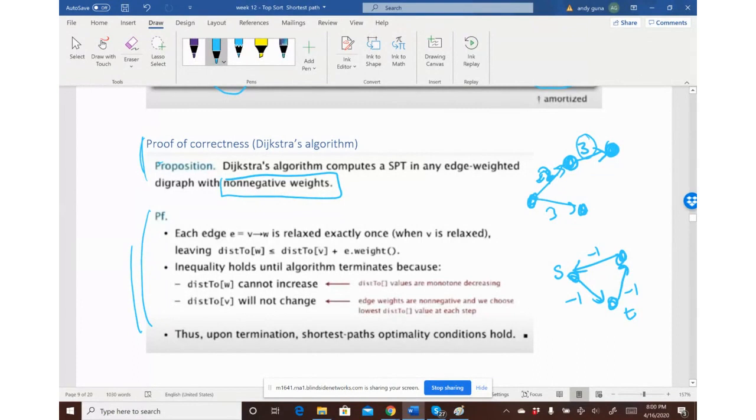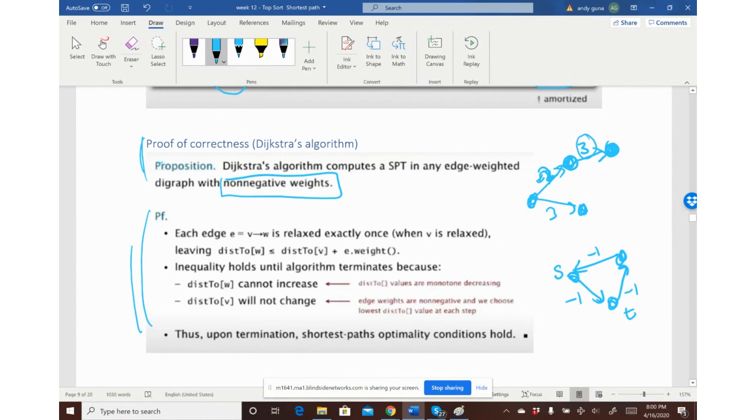I'm not talking about simple paths. You can say it's -6 because you can go another round. In fact, the shortest path from S to T here would be negative infinity, because you can just keep going to get a shorter and shorter path.